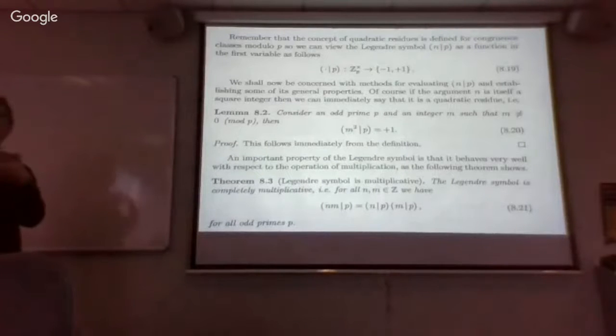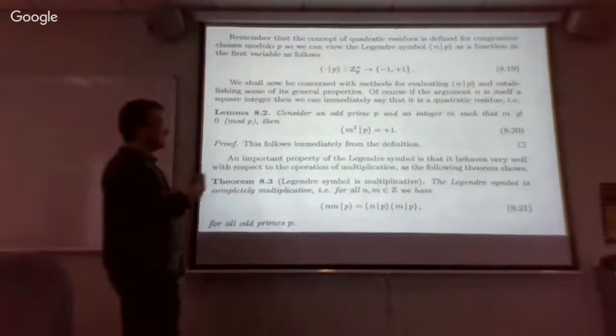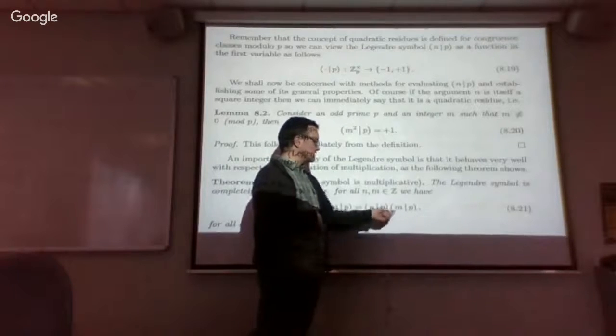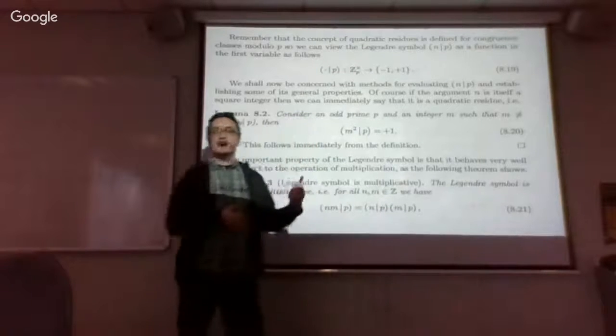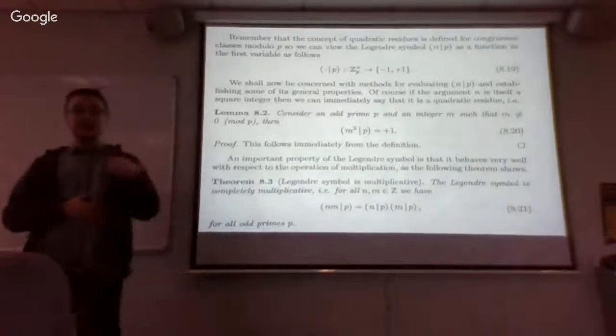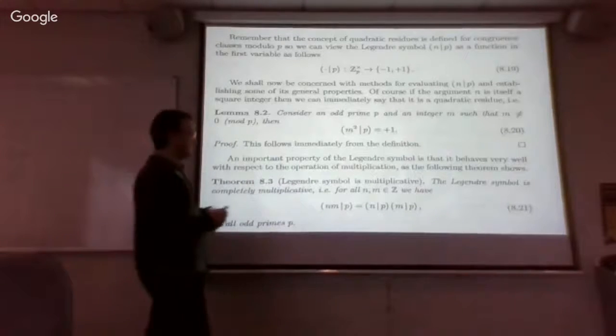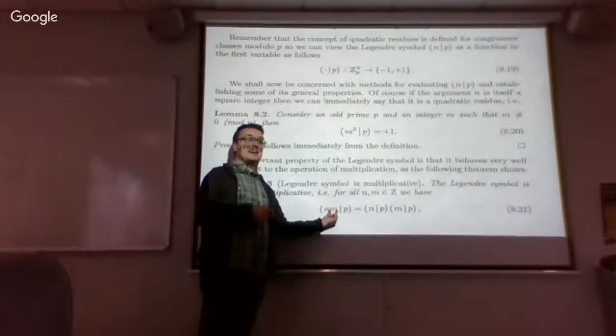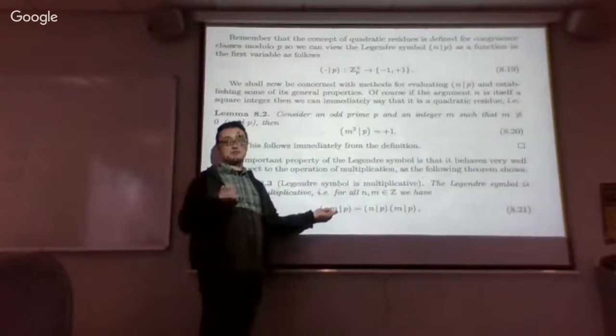The last case is where they're both non-residues. So when n and m are both non-residues, these two Legendre symbols on the right-hand side are both equal to minus 1. So they'll multiply together to give you plus 1. But we've proved that the product of two non-residues is a residue, which we started off today proving.